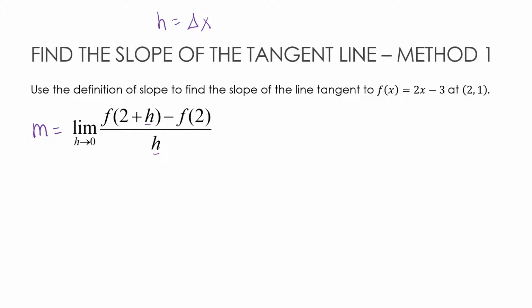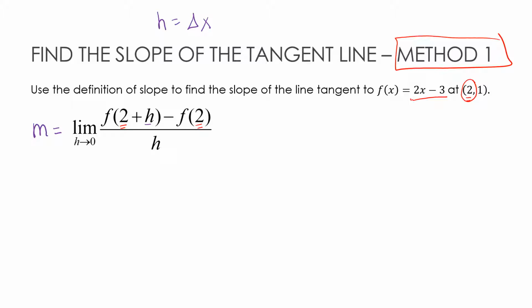I also wanted to show you where the 2 came from, because we are looking for the slope of the line tangent to this function at (2, 1). So notice I'm plugging in x, whatever my x value is. So this is method 1, which is using direct substitution with that 2.